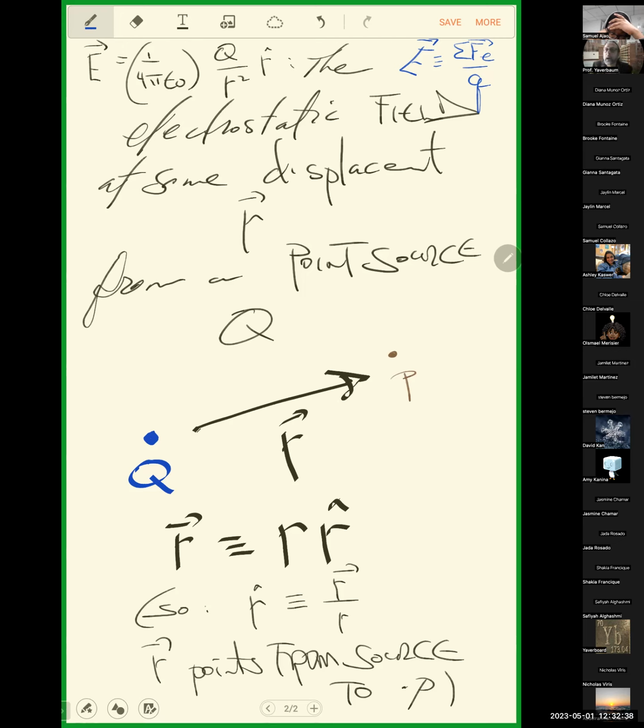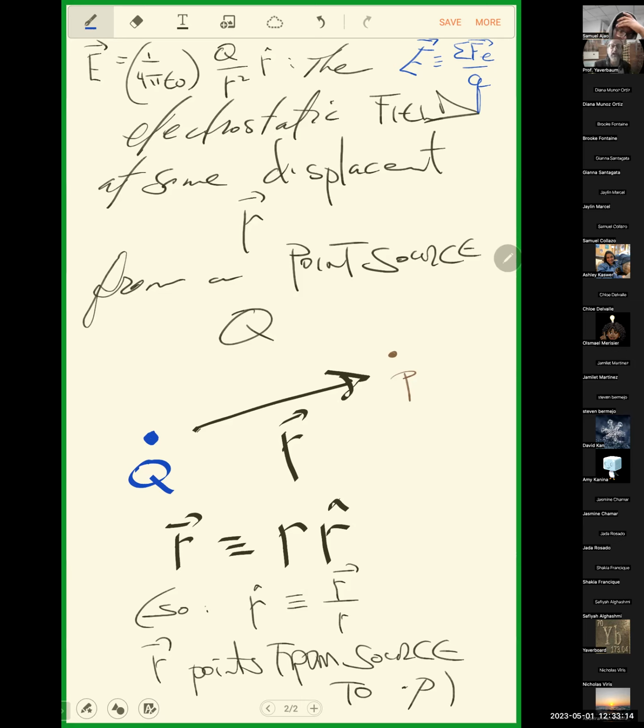Okay, so the input is displacement. The output is a vector, a force per charge vector, a newtons per coulomb vector, a vector whose magnitude is newtons per coulomb and whose direction is the direction in which some positive one coulomb hypothetical test charge would be pushed or pulled due to the original charge that's sitting there in space causing this field.